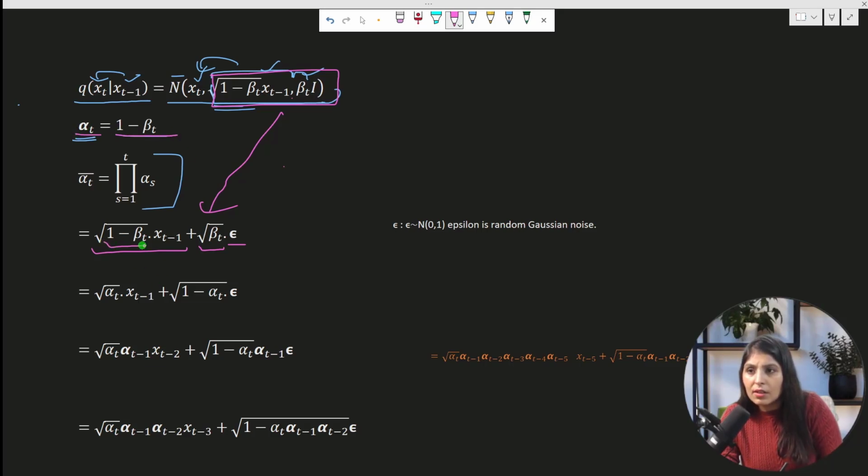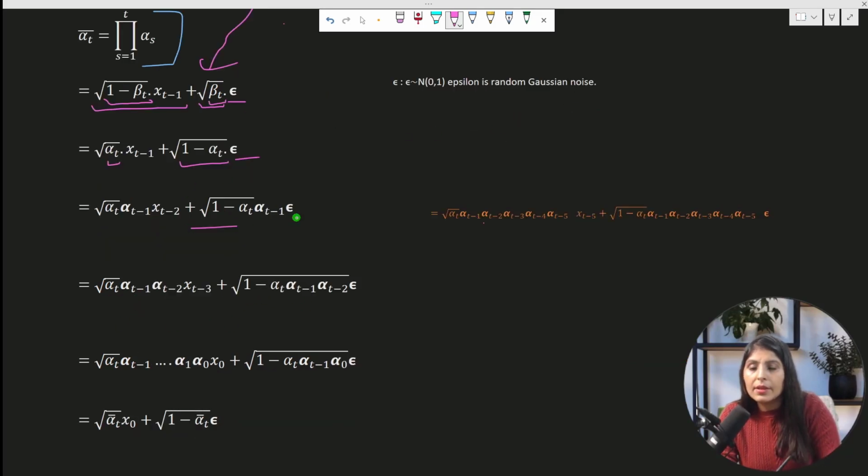So instead of writing this, we can write alpha t, and over here instead of writing beta t, can we flip this formula like this? Beta t is equal to 1 minus alpha t, right? So that's what I'm writing. In place of this beta t, I'm writing 1 minus alpha t, and this is epsilon.